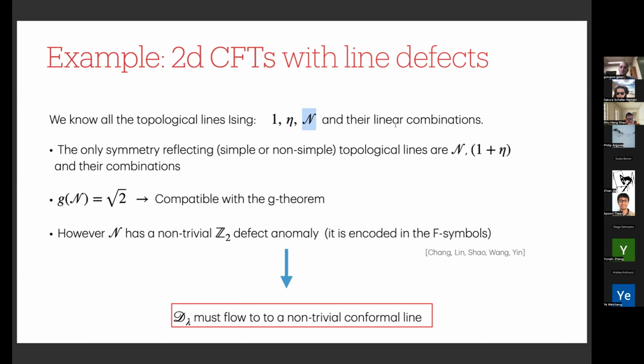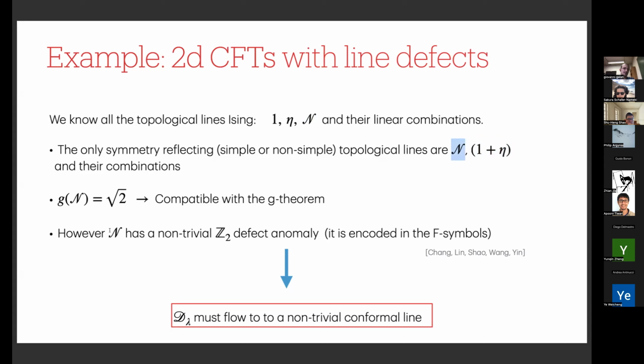And the only ones are n, 1 plus eta, and all the possible linear combinations. But the only one which has g less than 2 is n, because already 1 plus eta has dimension 2, and all the possible linear combinations will have g greater than 2. Therefore, the only candidate for a topological line in the infrared is n.